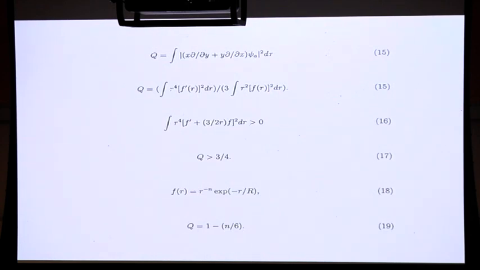And the amazing thing is that all the constants have disappeared: the mass has disappeared, the potential has disappeared, the charge of the nucleus has disappeared. It no longer depends on anything except just the shape of the wave function and nothing else. So this Q is a pure number.